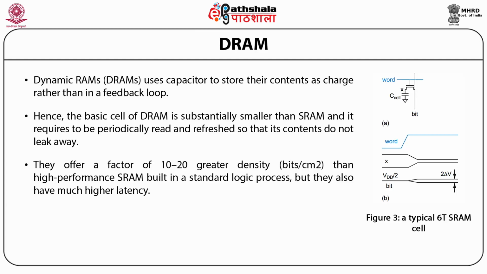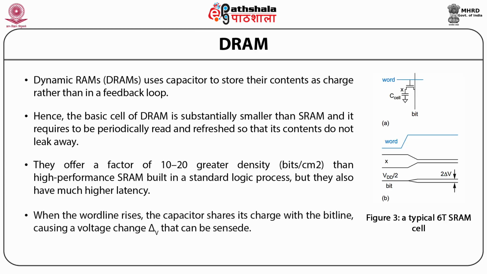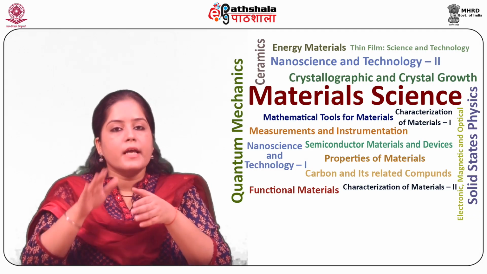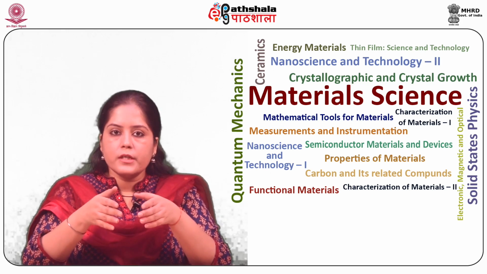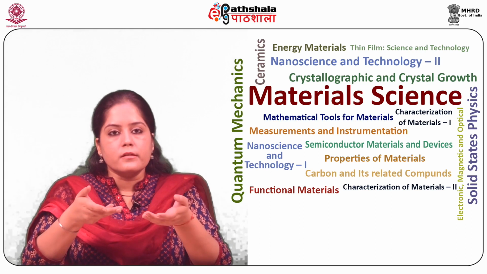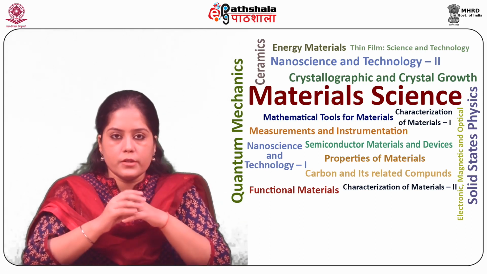So when we are reading, the bit line is first pre-charged to VDD/2 as shown in figure B. When the word line rises, the capacitor shares its charge with the bit line, causing a voltage change delta V that can be sensed. The cell contents at X are disturbed by the read, so the cell must be rewritten after each read.